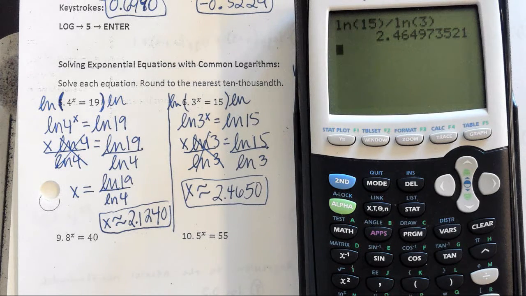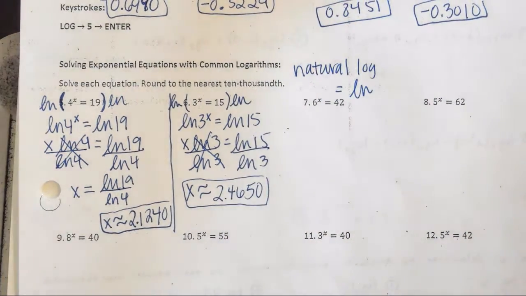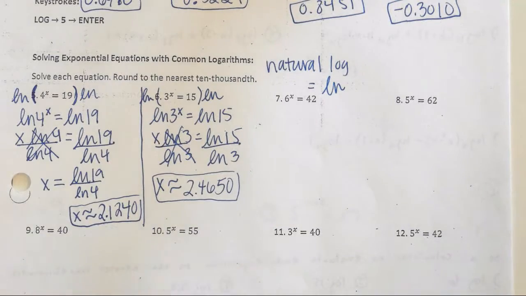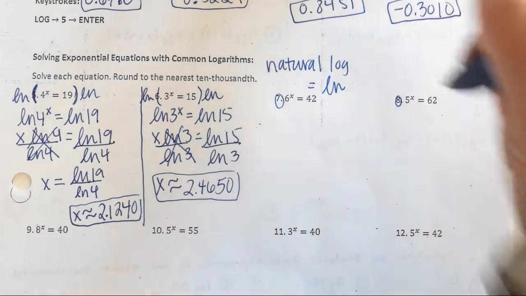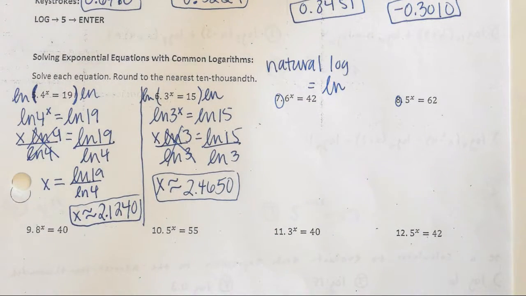I would rather you write it just so I know that you rounded to the nearest 4th places and didn't leave one off. Alright, go ahead and do 7 and 8 on your own. These two. Remember, you can check these on your own.